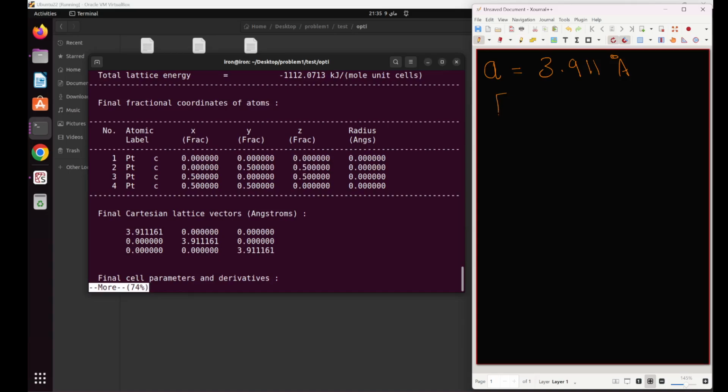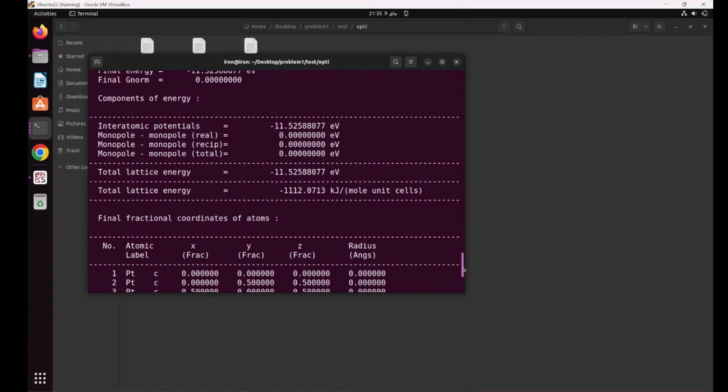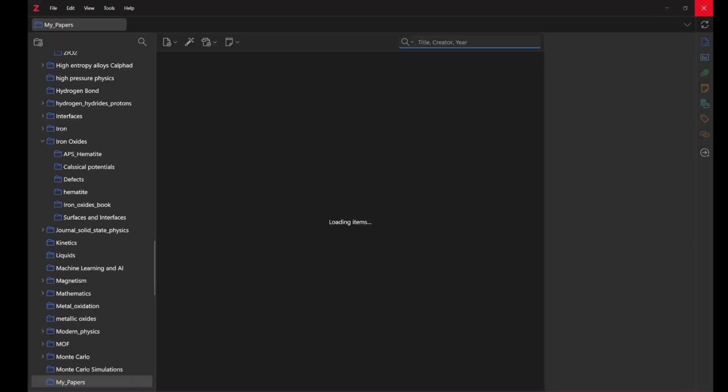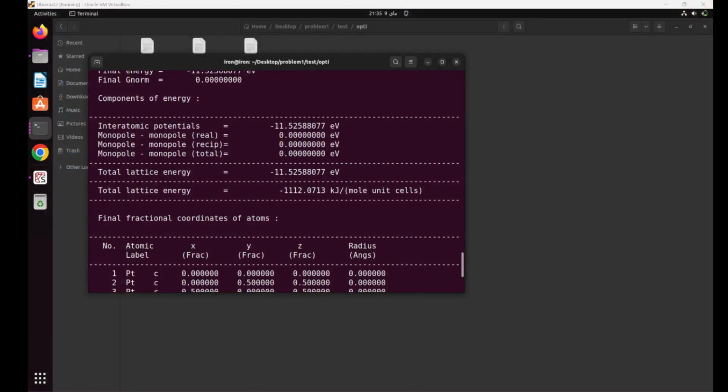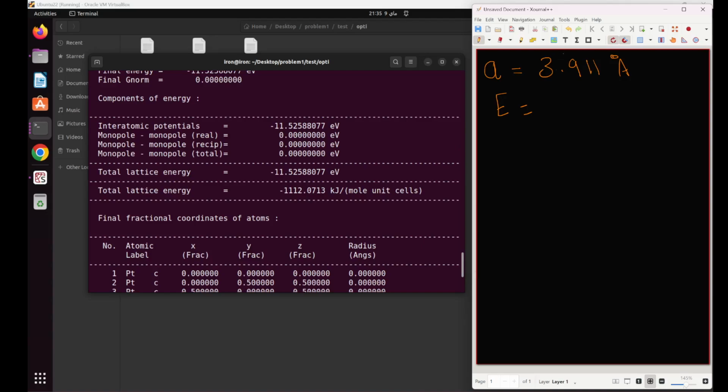And the total energy of the structure of the unit cell made of 4 atoms is minus 11.525 electron volts. So that's the final energy of the structure. So really, we are done with the first part of the question.